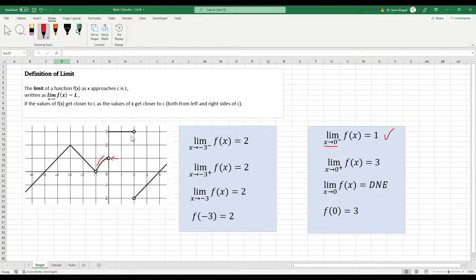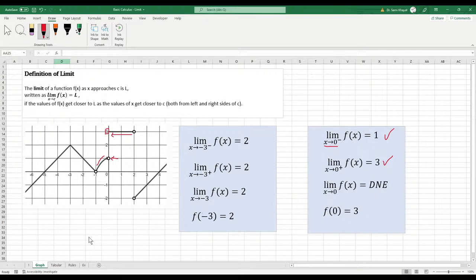But if I approach 0 from this direction, from the positive direction, the right, I will approach 3. Now 1 is not equal to 3, and by the definition of the limit, they should be equal. That's why we can say there is no limit. The limit does not exist at 0, because if you come from this side you reach 1, and if you come from this side you reach 3, meaning there is no such limit.